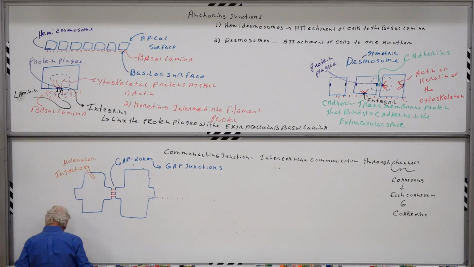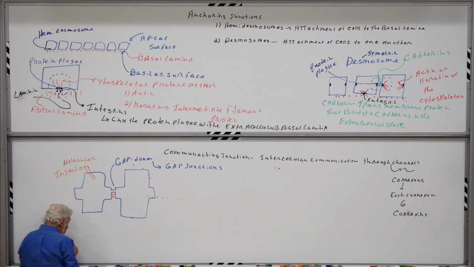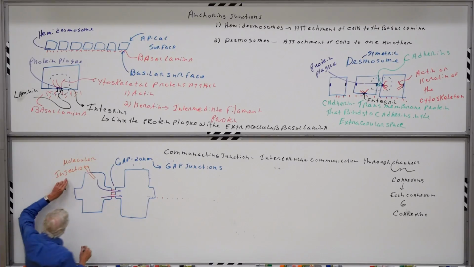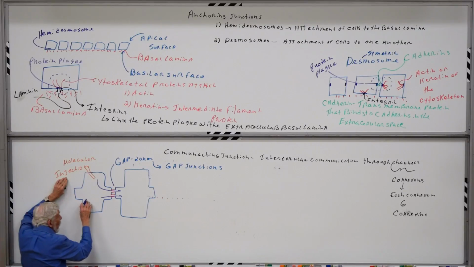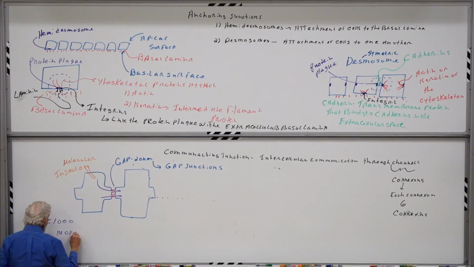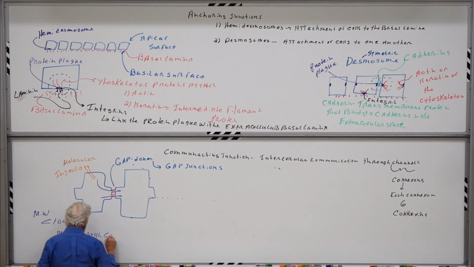And then they would see that molecules injected from this cell could now flow from one cell to the next. And by carefully selecting the molecules they were injecting into one cell and seeing how they were moving from cell to cell, they found that molecules with a molecular weight of less than 1,000 move through gap junctions.